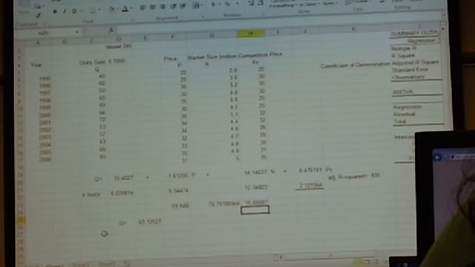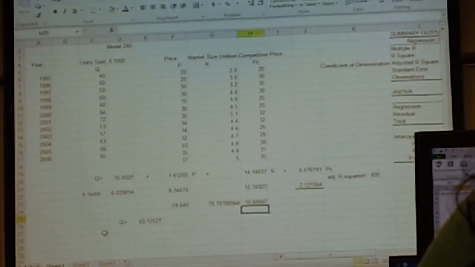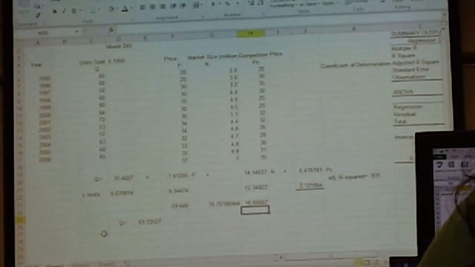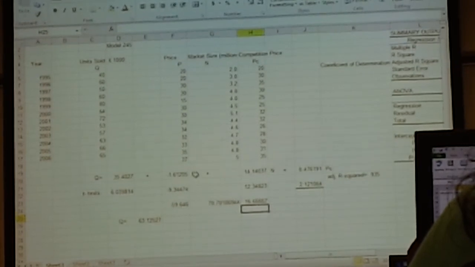Now, we want to put together a demand function for this product. Every firm should have a demand function for their product. In order to do that, we're gonna have to leave this in, and jump this.